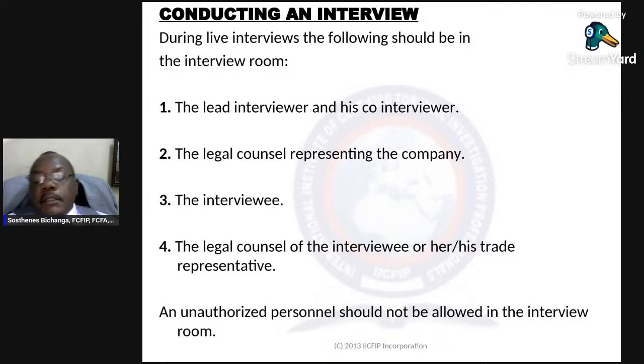If you have them in the interview room and they feel that you are cornering the interviewee, their client, they might raise some objections. These are some of the challenges you get during the interviewing or interrogation process when these people are around, and they must be around. It is the right of the interviewee to have her or his witness within the room.